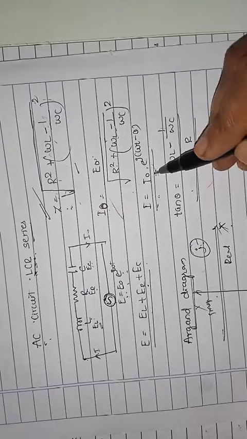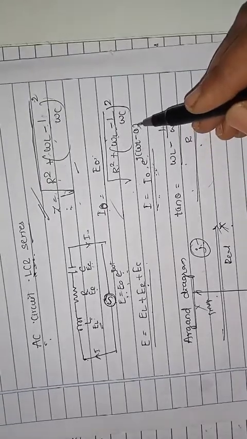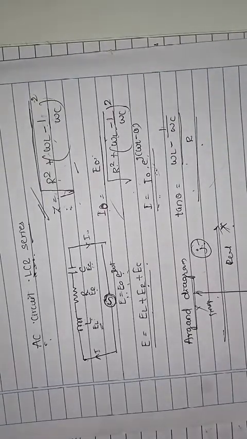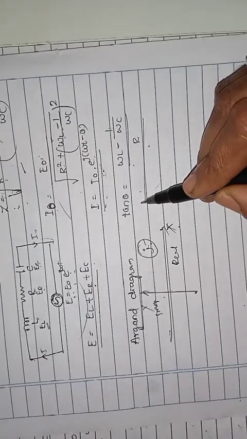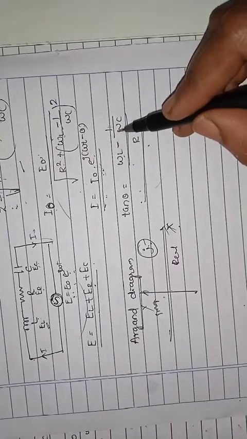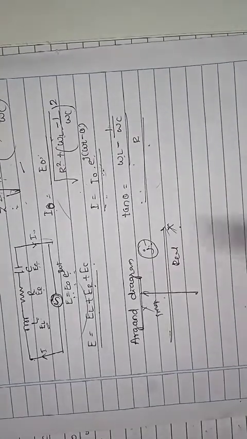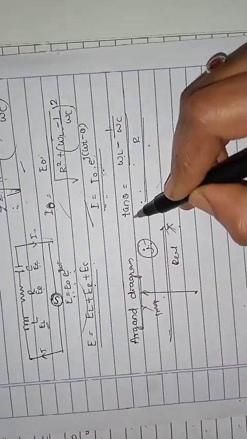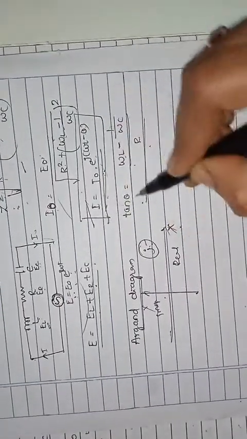So I is equal to I naught e raised to j omega t minus theta. This was our current flowing through this circuit. Then phase angle tan theta is equal to omega L minus 1 by omega C, divided by R. These are the three equations we derived in our previous class.